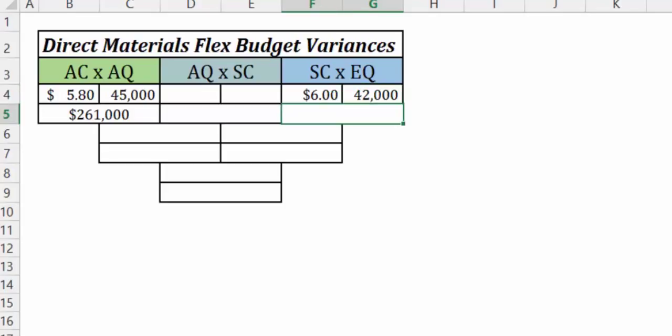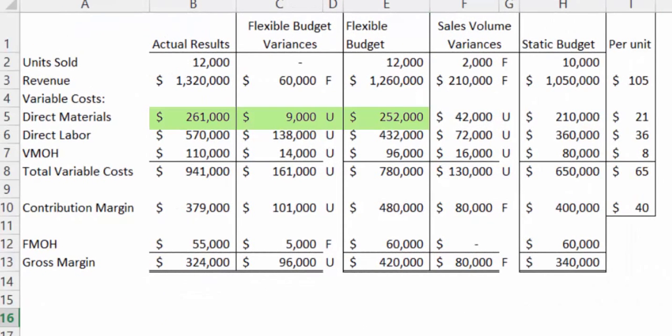If I multiply those two together, I get 252,000, and that's the flex budget amount for direct materials. So you can see that if I just subtract these two amounts, I have 9,000, and this is the unfavorable flex budget variance. We can go back and look at that flex budget real fast. $261,000 for actual, $252,000 for flexible, gives us a $9,000 unfavorable variance.